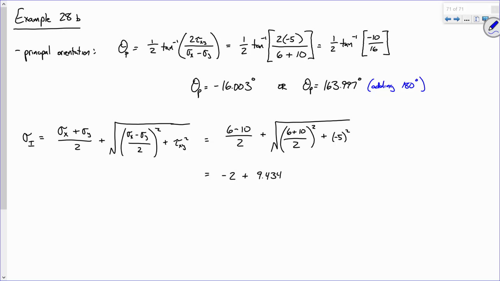Okay, so this part right here is 9.434, and this part right here is minus 2. Everybody okay with that? There's a reason why I wanted to compute it like that. So sigma 1 is 7.434. I guess for units we ought to say KSI. Sound good? All right, now that's sigma sub 1. So I guess maybe we'll put an answer.